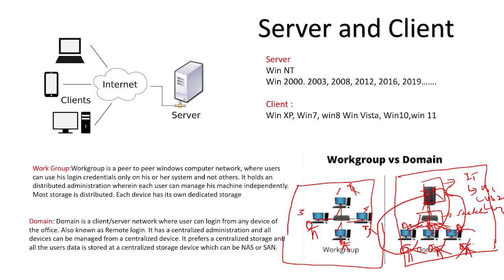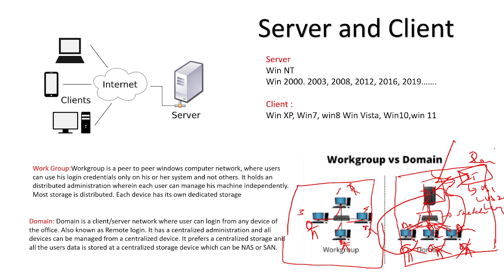Now imagine, since all these computers are stored here, and in the IT OU all the IT users are there, when the boss is coming, when your VIP, when your client is coming, if you want to change wallpaper for all the 100 computers at a time, you will not log into these computers one by one. What you will do, you will log into this server, the Active Directory domain controller, go to this IT OU, right click on this IT OU, there you have group policy, create a new group policy, and select that wallpaper which is supposed to go to all the computers.